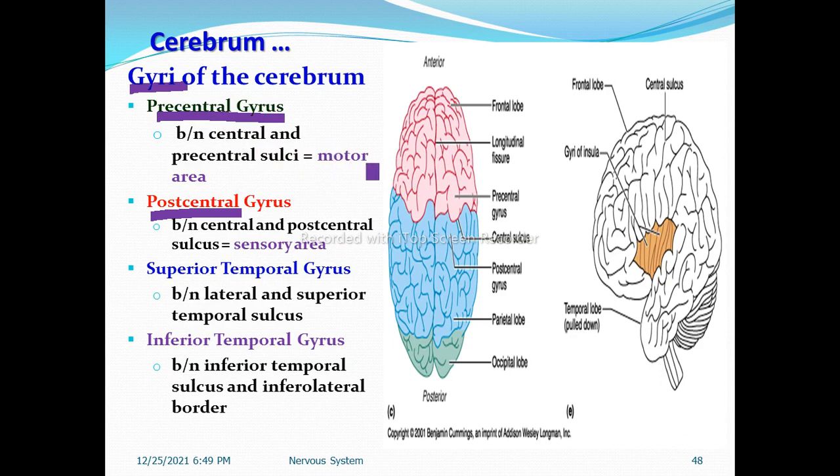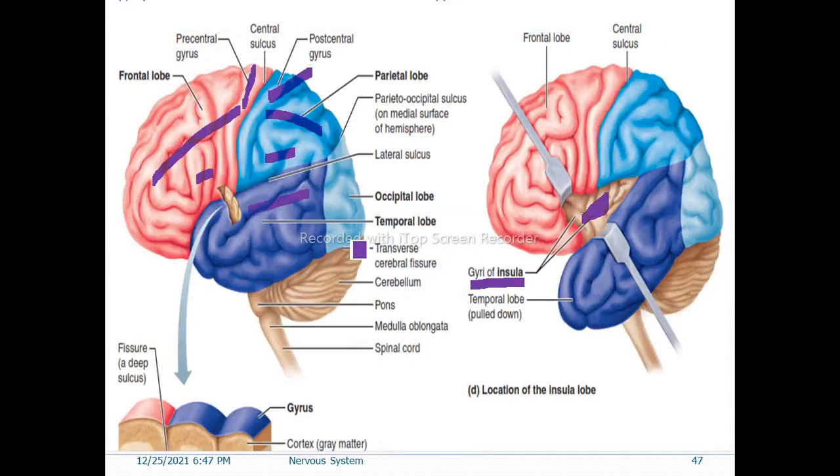It is a motor area, which controls motor activities. The postcentral gyrus is between the central sulcus and postcentral sulcus. It is a sensory area, the somatosensory area. This is the precentral gyrus and this is the postcentral gyrus. In between the precentral sulcus and central sulcus there is the precentral gyrus.